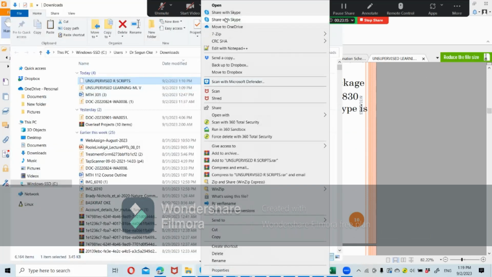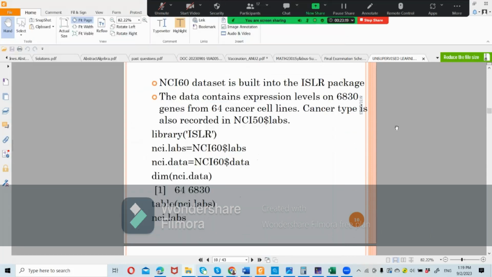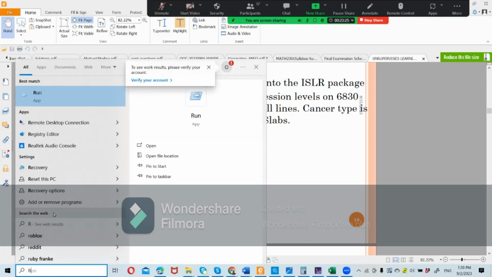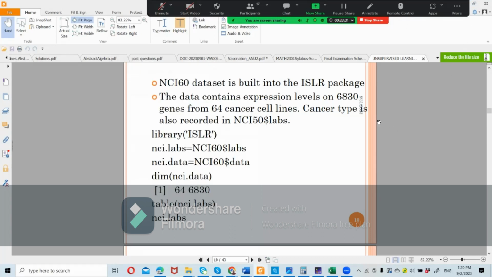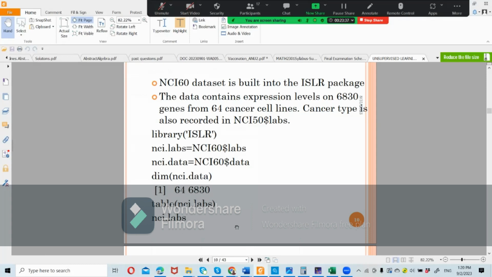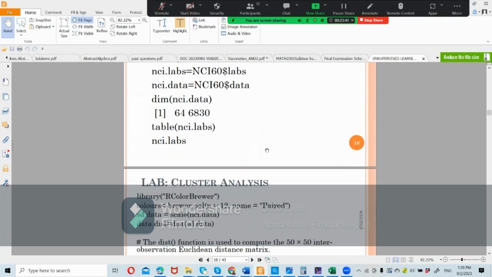That data set is about various types of cancer, and is of dimension 64 by 6,000-something. That is what we are going to use to demonstrate this during the lab session. When we get there, we are going to discuss that further. Please, next slide.